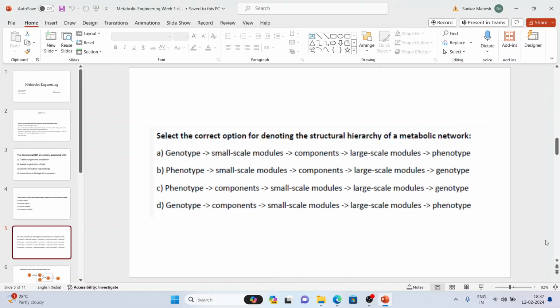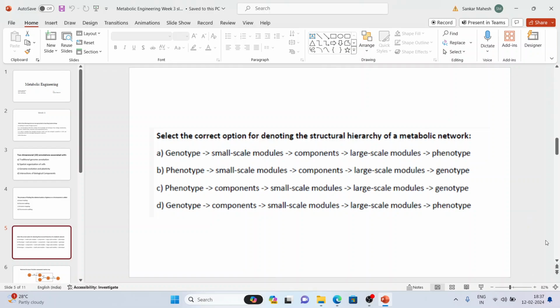A metabolic network is basically having information on the genes that are involved in a particular process, how they are connected, and the order in which they are connected. To be able to know this information, we need to know what are the genes that are involved in the process.